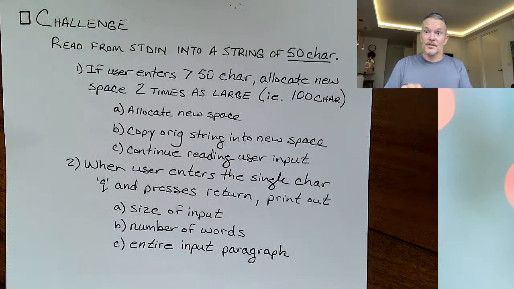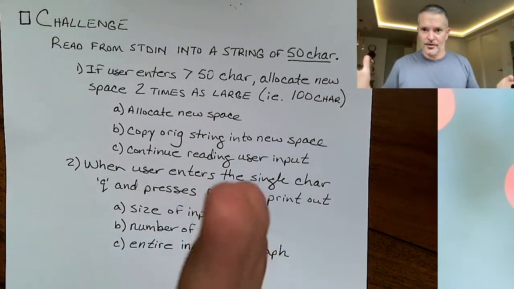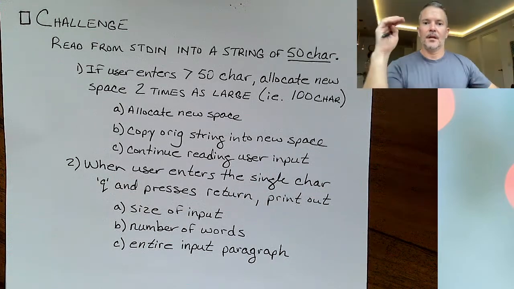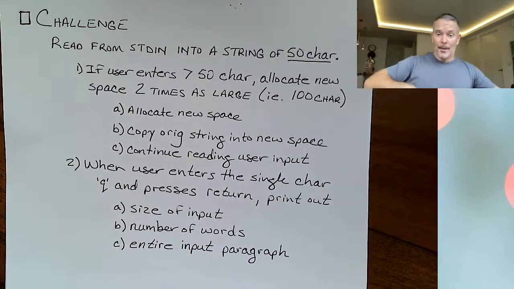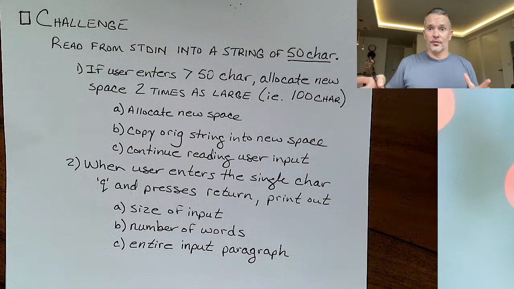So as the user is typing in these words and sentences, you'll read them into a string of 50 characters that you've allocated as the program started up. But if the user happens to type more than 50 characters and you've run out of space in your character buffer, what I want you to do is allocate a new character buffer that's twice the size of your current buffer, so 100 characters.